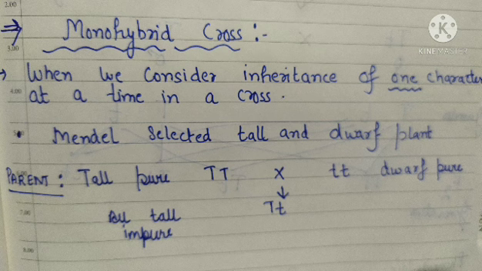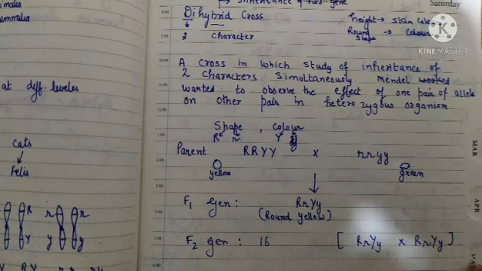Monohybrid cross represents the study of inheritance of one gene at a time. Now the dihybrid cross consists of the inheritance of two genes at a time. So the dihybrid cross is used to study the inheritance of two different characters at the same time.